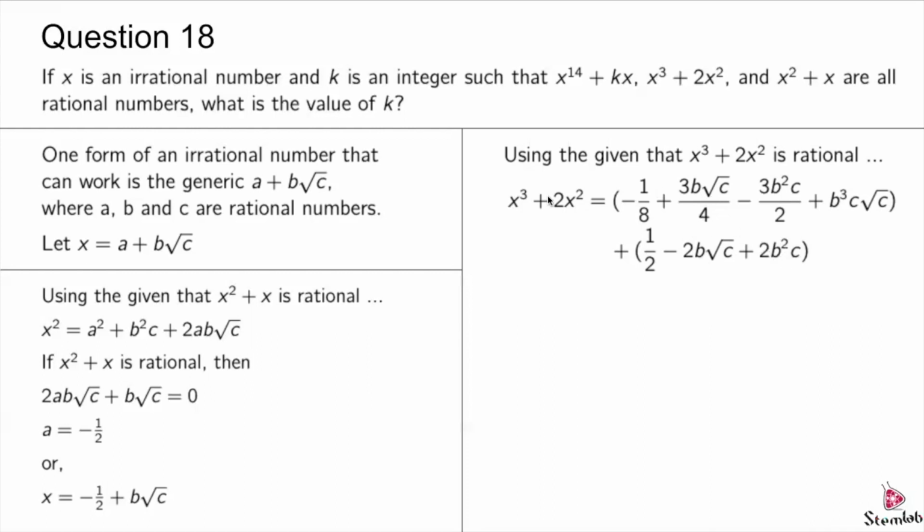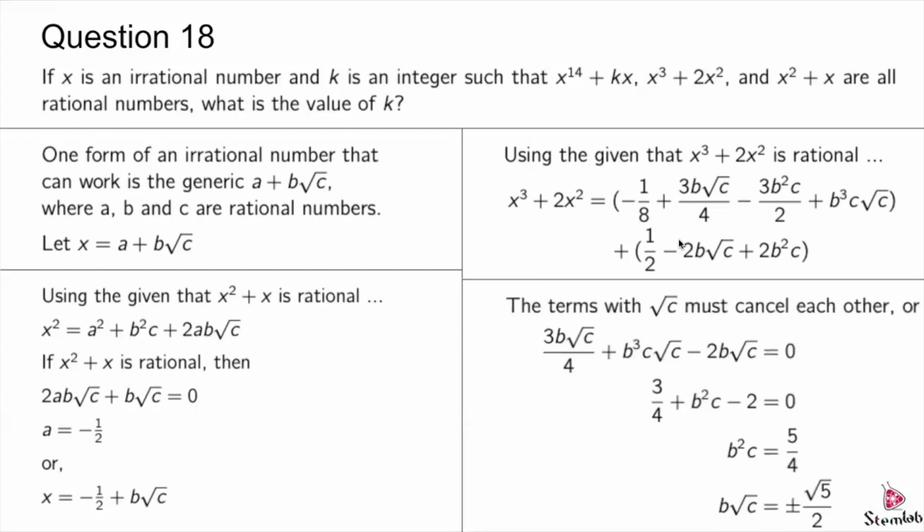Again, for this expression to be rational, the terms with root c have to cancel each other out. Right? This means that the 3b root c over 4 plus b cubed c root c and this negative 2b root c has to equal 0. Okay.